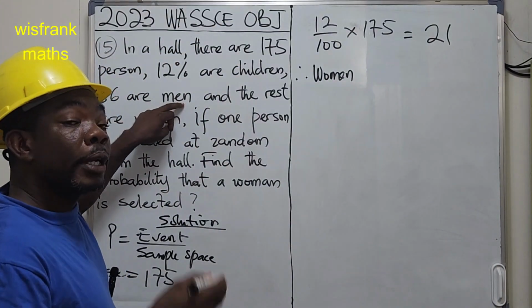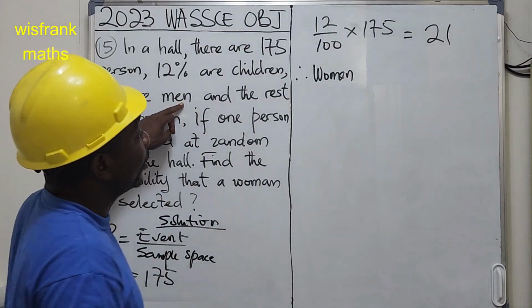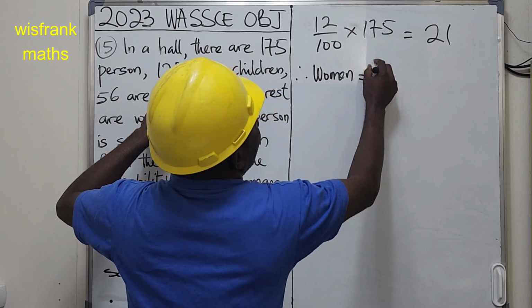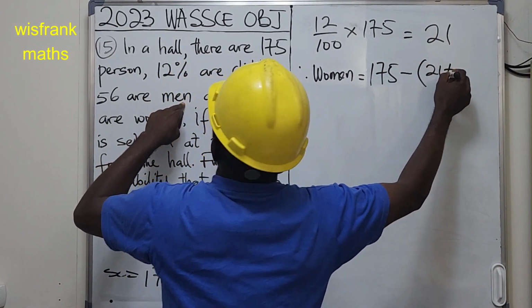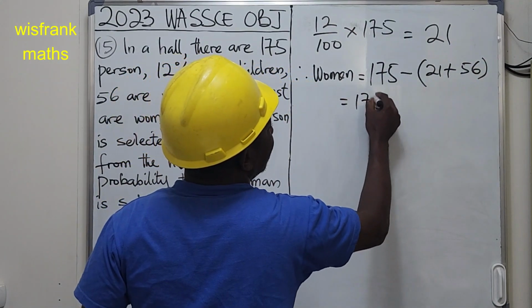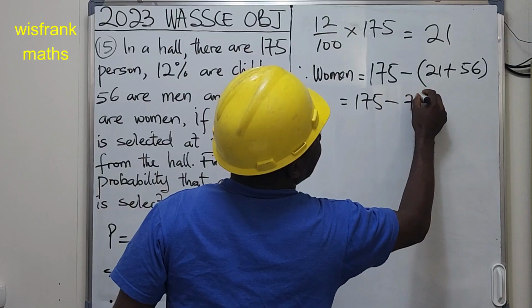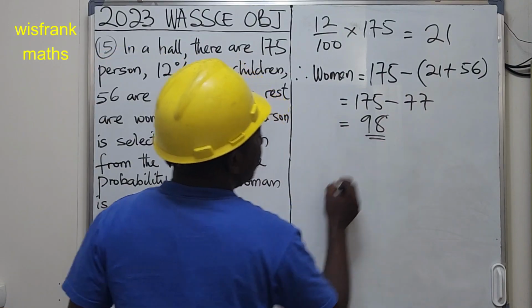So we can subtract all these from the sample space, which is 175. So for women, it's going to be 175 minus 21 plus 56. This is the same as 175 minus 77, which is 98.